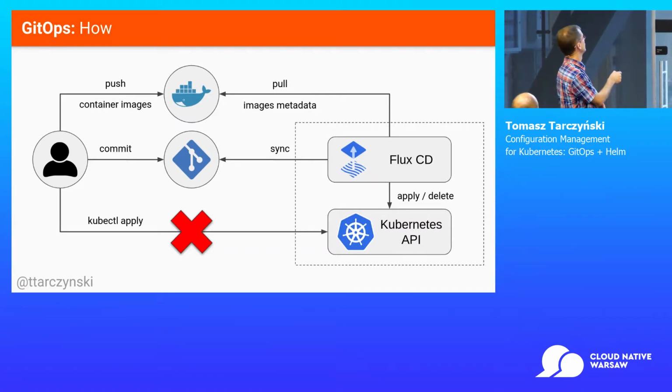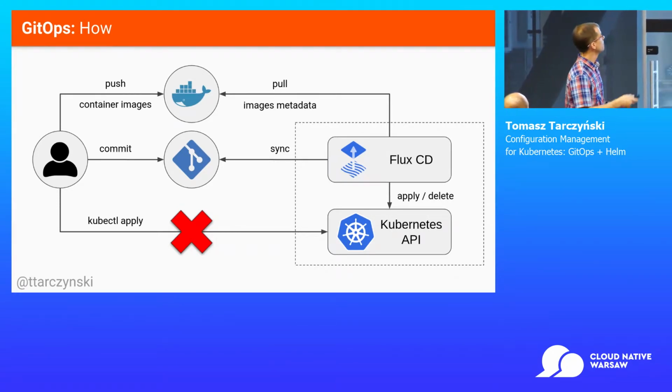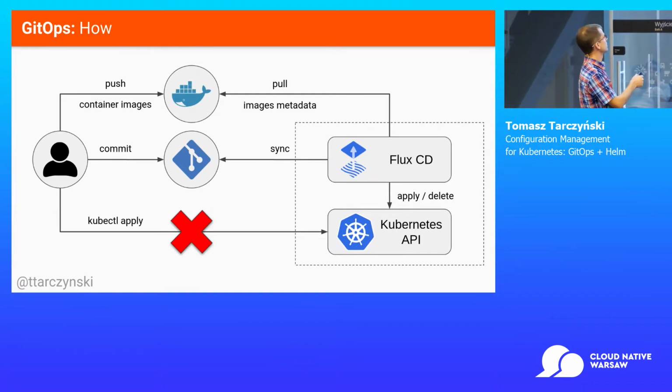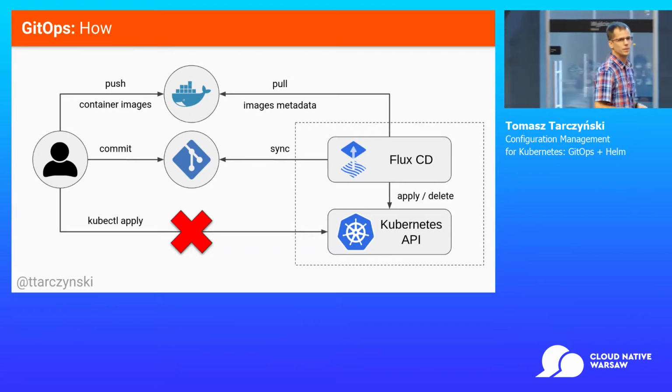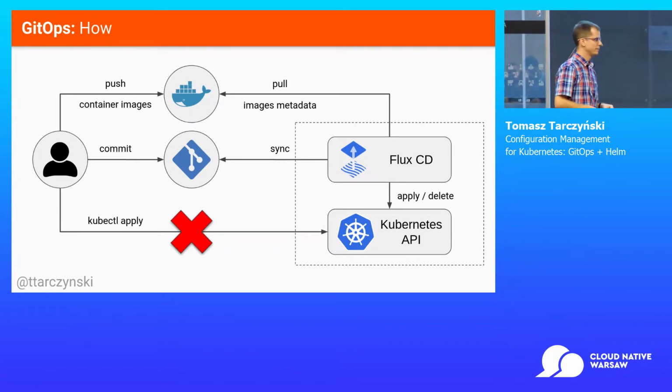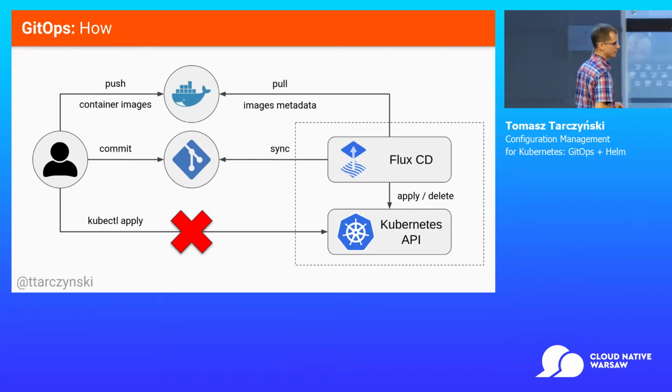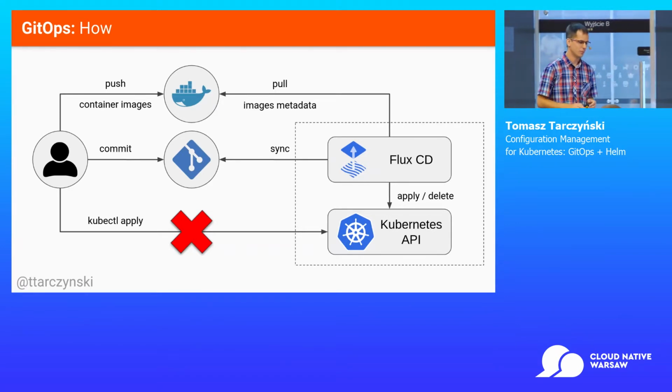Rather, I put all those YAML files, all those manifests, into a Git repository, and then inside my cluster I have this additional component, the Flux daemon, which synchronizes the Git repository and applies this state to the cluster. So yeah, a very simple concept, but I would say really, really helpful as well.